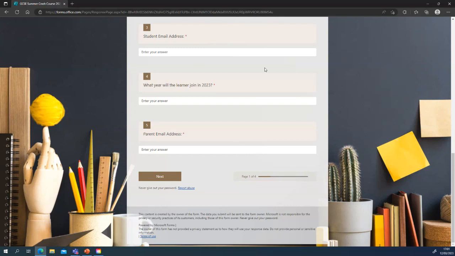We have an option of 4 subjects: biology, chemistry, physics, or maths. Then we have the exam board you're following, and then section 3 is the payment. Depending on which subjects you have chosen, you can pay relating to that. And then the final page is for any questions.